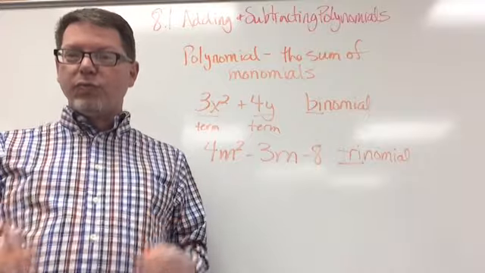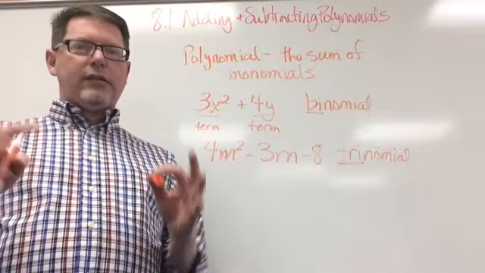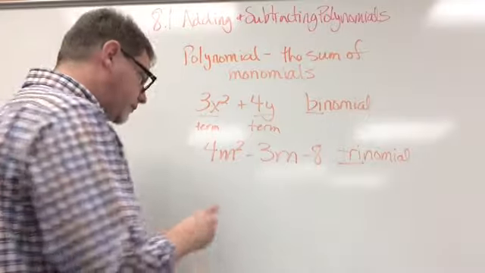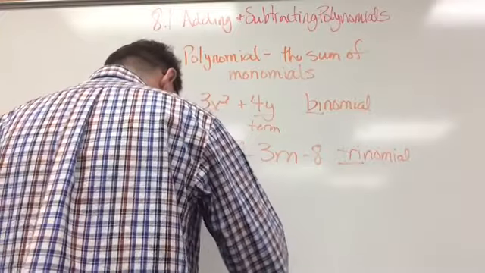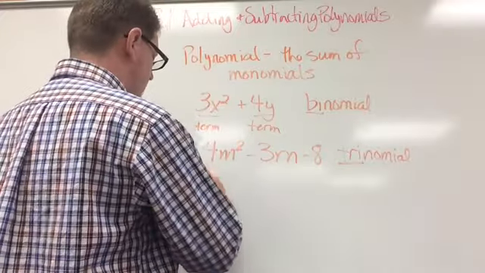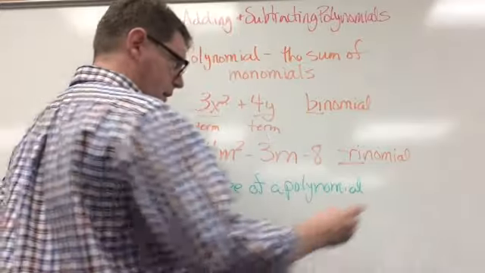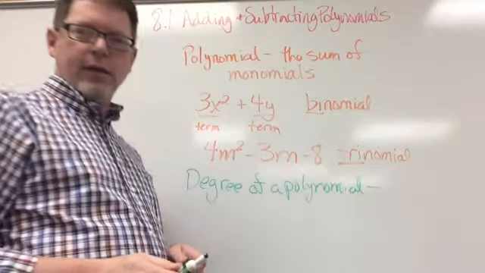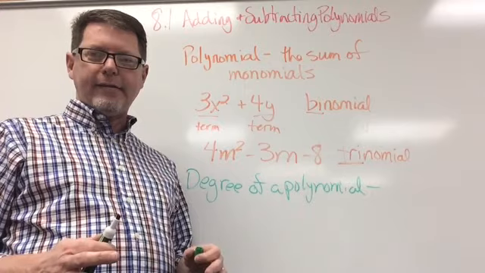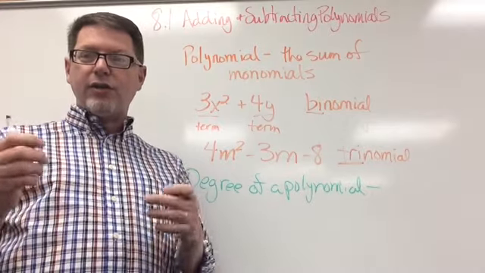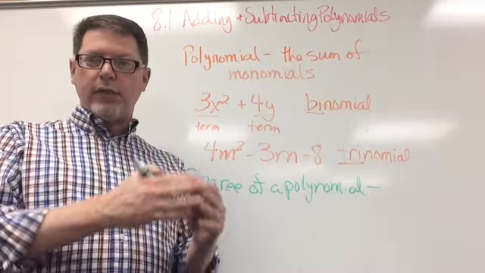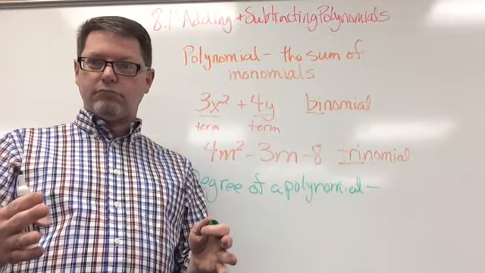Now, to find the degree of a polynomial, this can get tricky, so I'm going to use a different color. The degree of a polynomial. Okay? The simplest way to say it is to find the degree of each term, and then the biggest one wins.